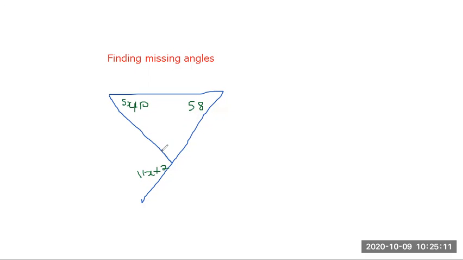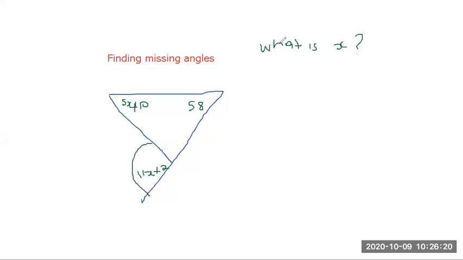However, we got to find x first to find the exterior angle. So what is x? We got to figure out what x is first, because the question is asking us what is the exterior angle, and the exterior angle is right here. We got to find what the value is for the exterior angle.